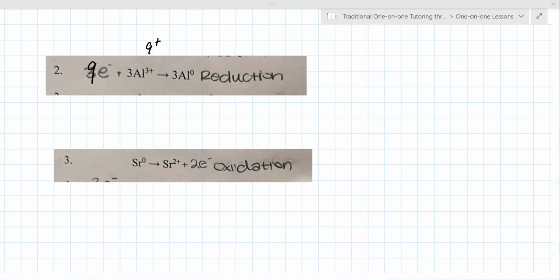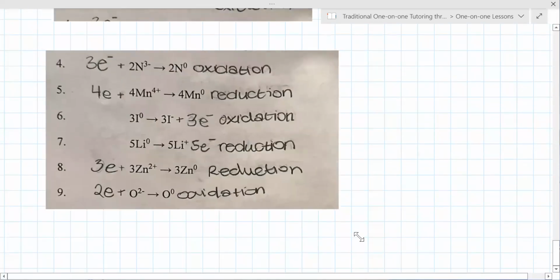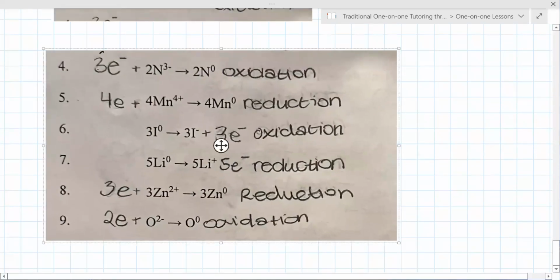to 6E. Actually, let me grab a group of these. All right, so this should be 6E's to go with the, well, no, this is on the wrong side, because this is 3 minus, so actually it should go over here.